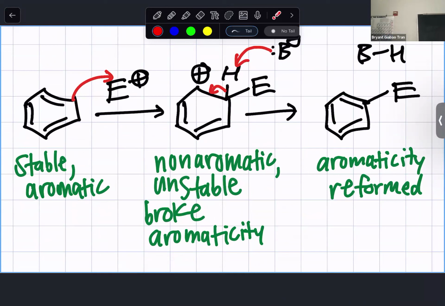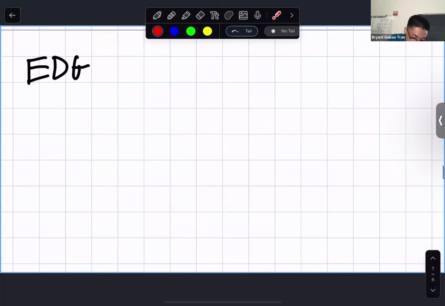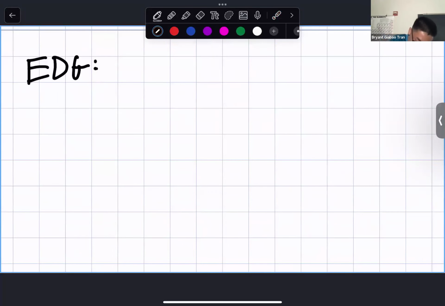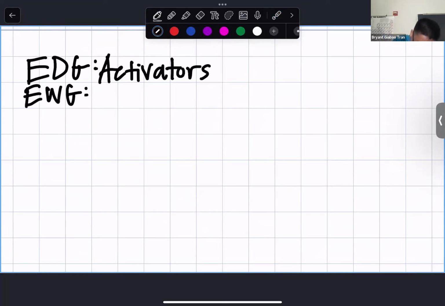EDG or EWG? Right. If we want this to be more nucleophilic, have more negative charge, do we want to add an EDG or EWG here? Yeah, EDG, that's right. So EDGs are considered activators. EWGs are considered deactivators.